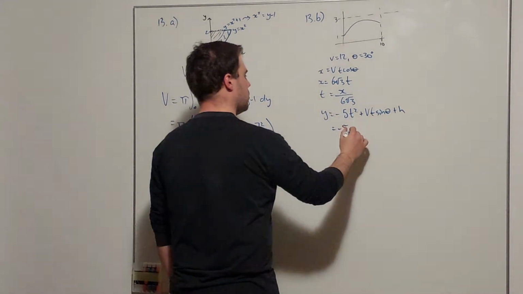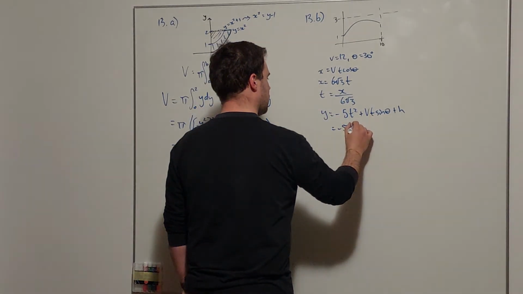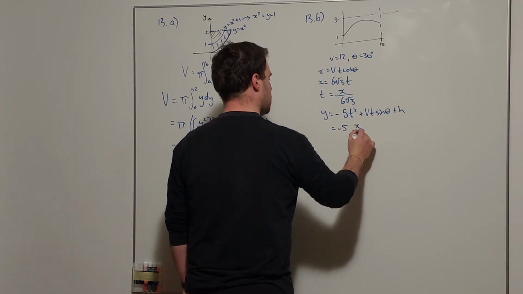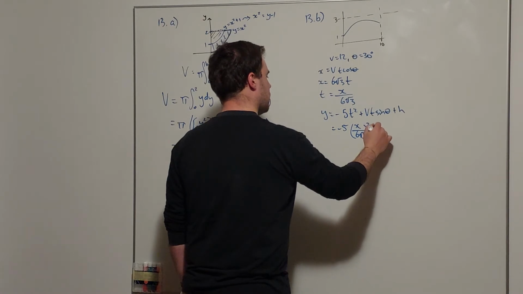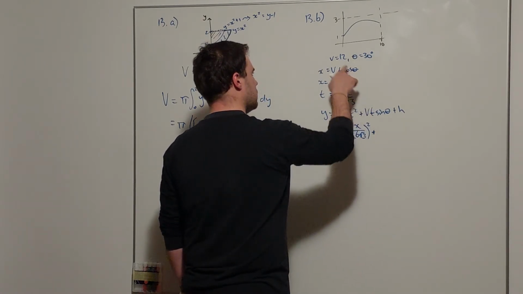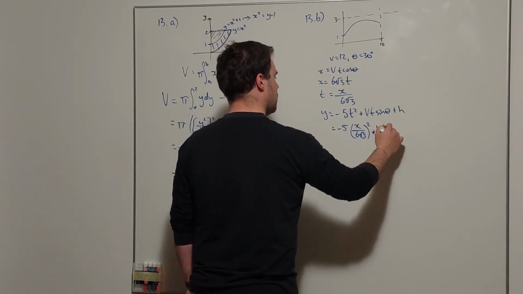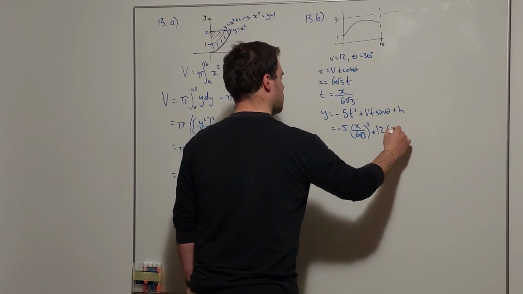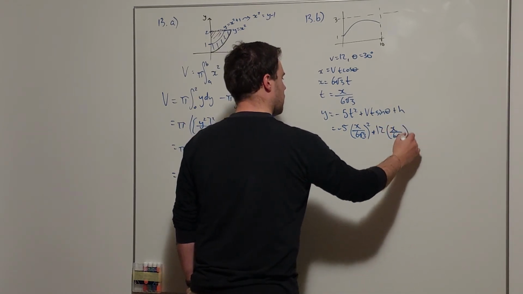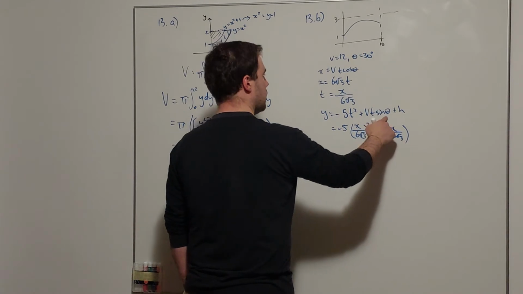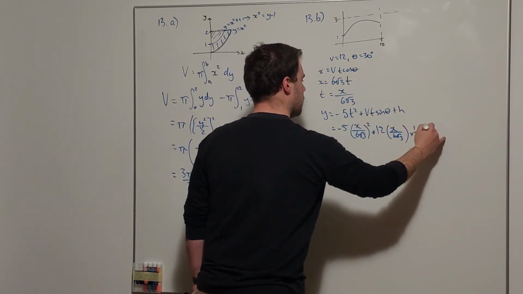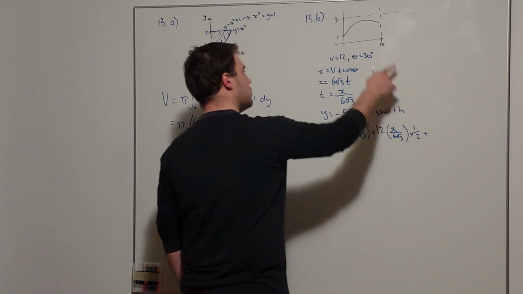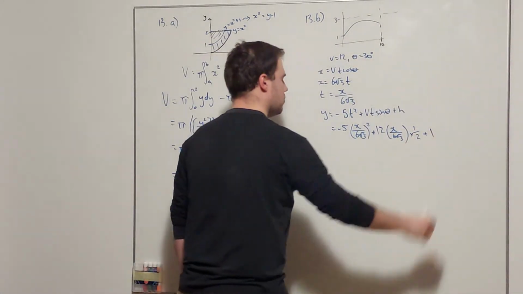t squared we can replace with this, so we're going to have negative 5 times x on 6 root 3 all squared, plus v is 12, x on 6 root 3 for t, sine theta, sine 30 is half, plus an h, the height it was thrown from was 1.